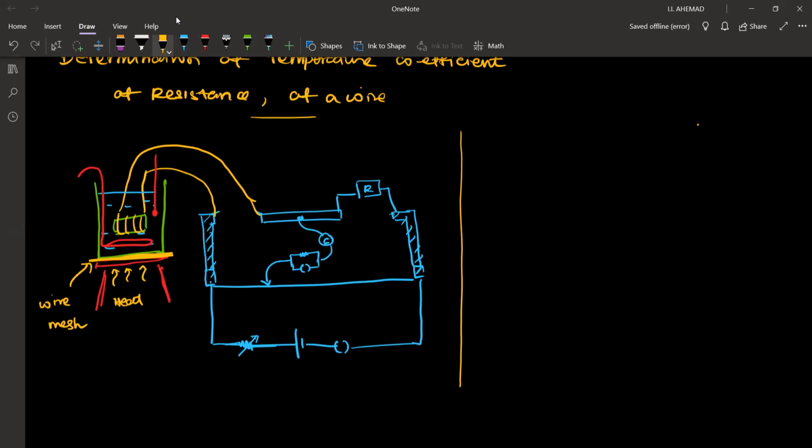So here, why did we use a resistance box without using a rheostat? So here the equation during balance will look like this. From the resistance box, use a suitable value.